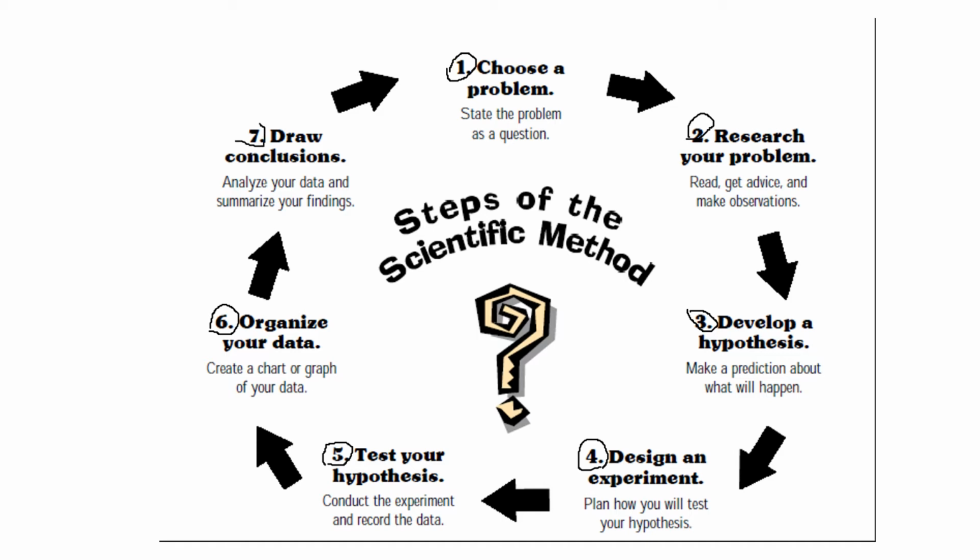Step number 7, draw conclusions. This is where you're going to take all that information you learned in your experiment and you're going to summarize it so that you can tell others what you learned. So what did you learn? Analyze that and summarize it.